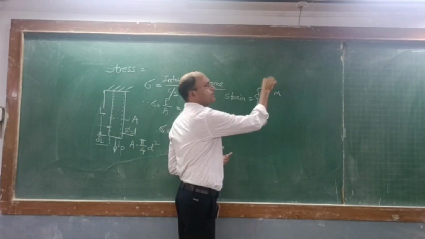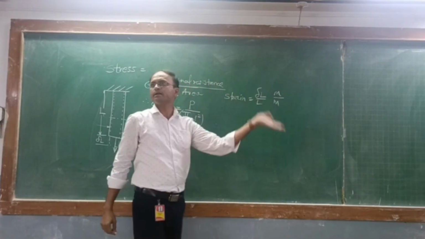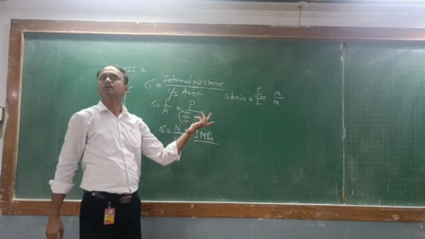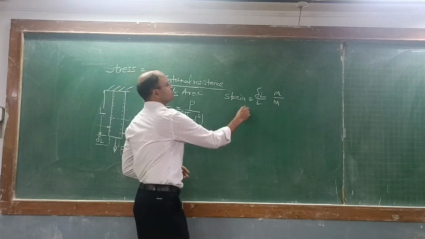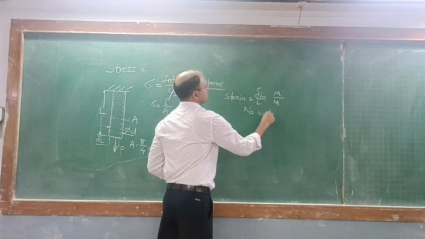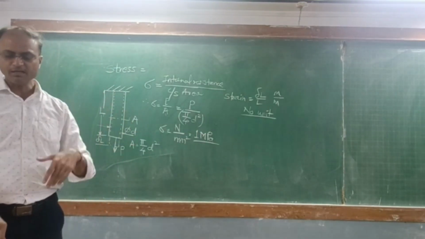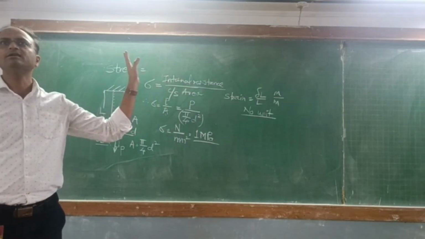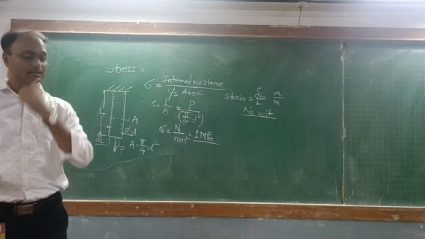If it is in meter, divided by original length also in meter, meter cancels. There is no unit, so strain is unitless. Is it understood? Whether it is millimeter or meter, strain has no unit. So we have studied these two concepts yesterday. Now we'll go ahead with the other concepts.